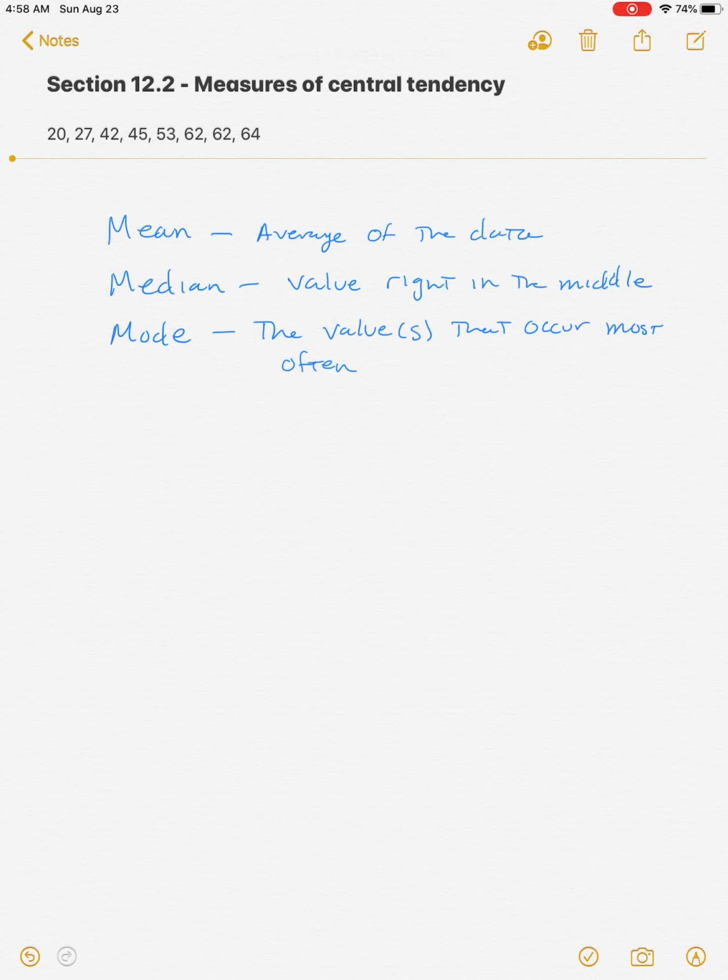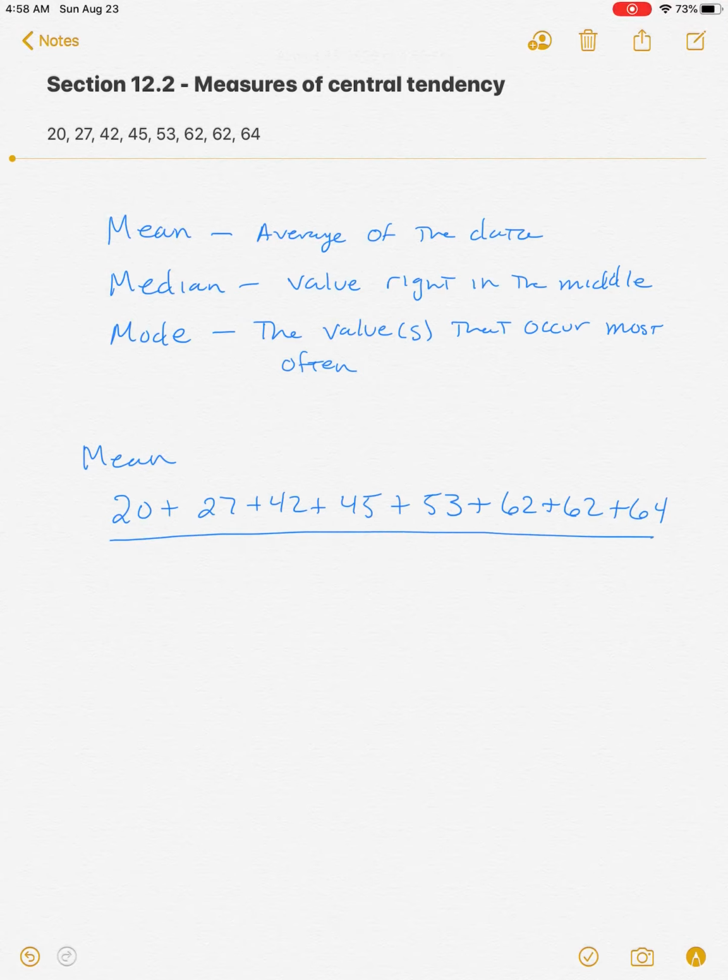And so if we're going to go find the mean first, well, the mean is the average, so what we do is we take the 20, add the 27, add the 42, add the 45, add the 53, add the 62, add the 62, and add the 64. And then we're going to divide that by the total number of data values that we added.